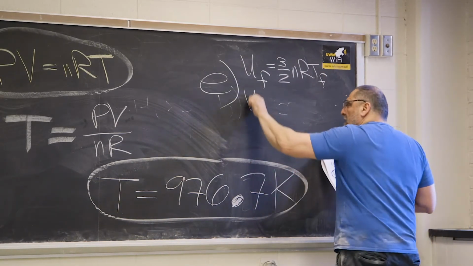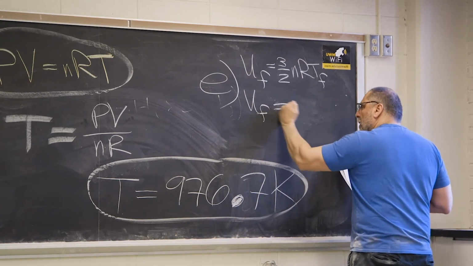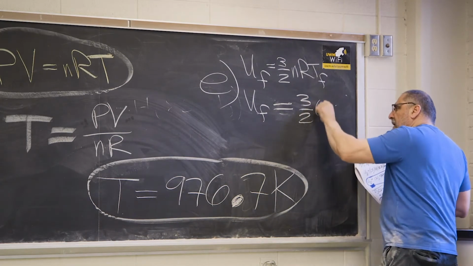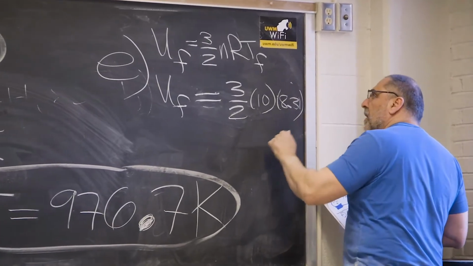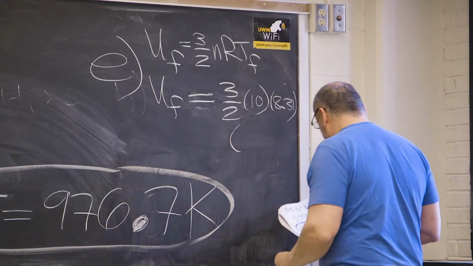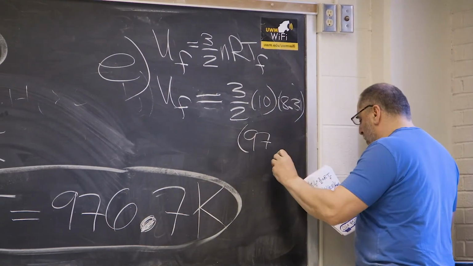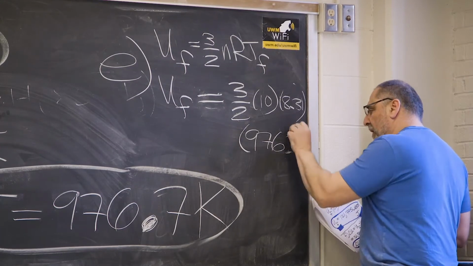Good to me. Three halves is 3 halves. N is 10. R is 8.31. TF, yeah, we said it was a lot. It's a lot more than we had earlier. So it makes sense that U is going to be a bigger number on this one.